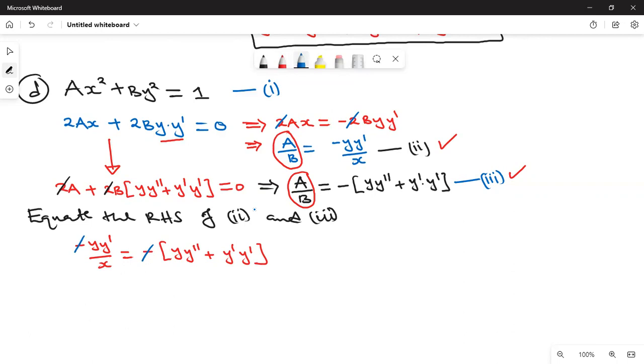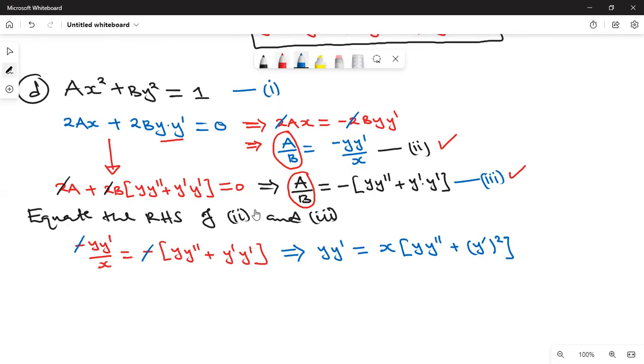I can multiply through by x so that I get y prime on the left is equal to x times y double prime plus y prime squared, and this is supposed to be squared.